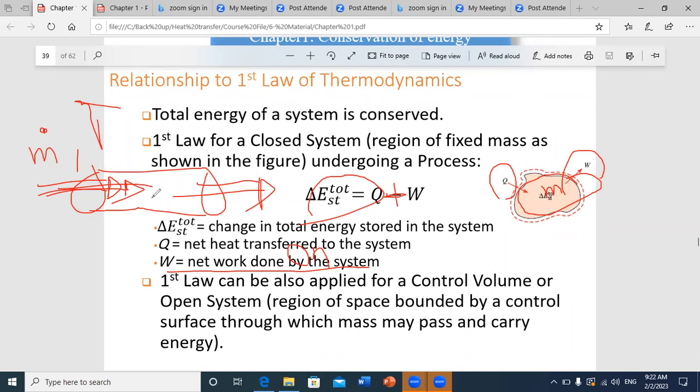This will lead to an increase of the energy inside, and therefore the flux that leaves might be at a smaller temperature, because one part of the energy will be stored by the material. So whenever you have fluxes, when you calculate the variation of energy, you should account for the fluxes of mass getting in and getting out. So you should add new terms to your energy balance in addition to Q and W. Okay, and we'll discuss how the energy equation will be affected when you have mass flow rates coming in and out.